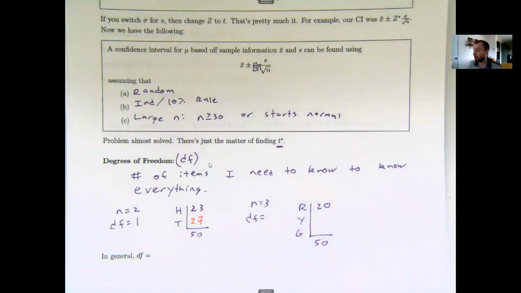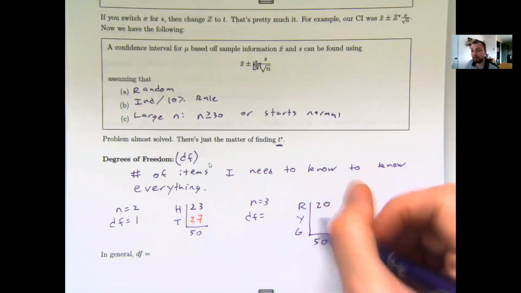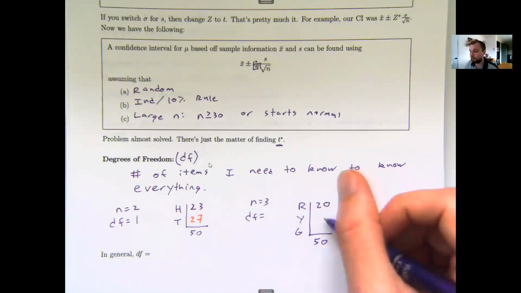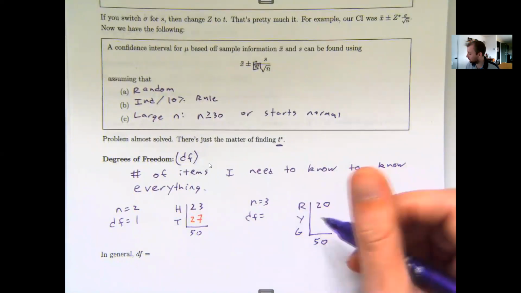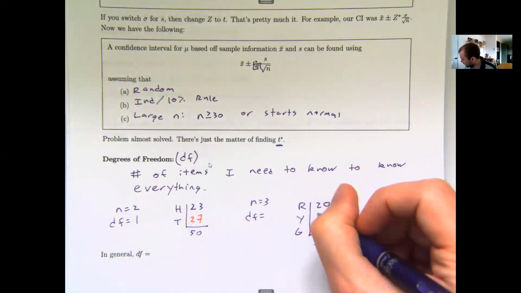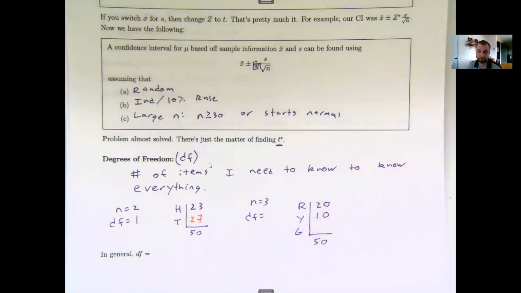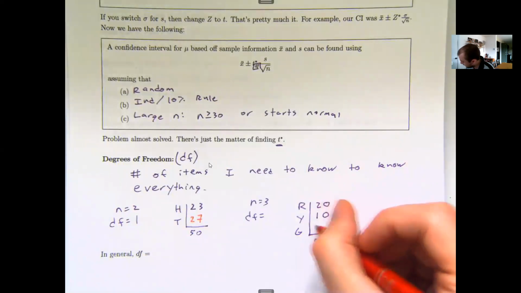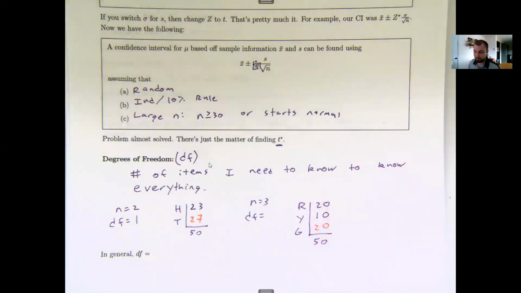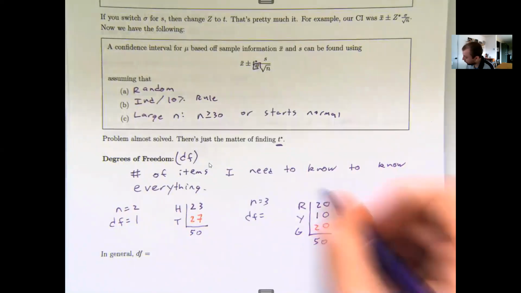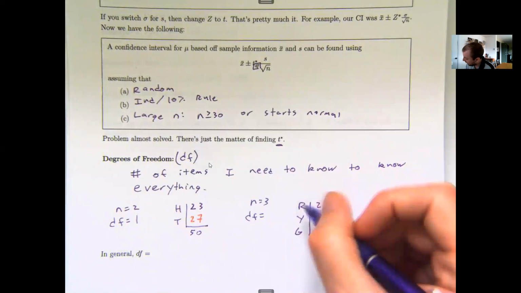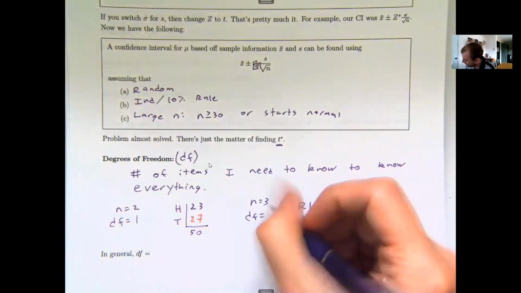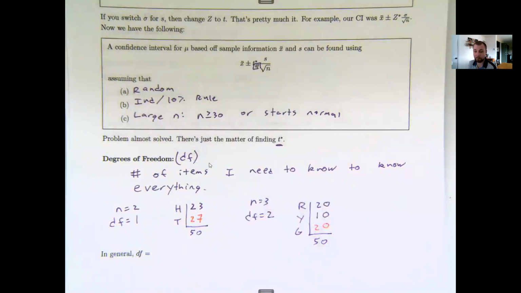I have 30 remaining things, but I don't know what the split is. Maybe it's 0-30, maybe it's 15-15. So I'm going to give you another number. Suppose this is 10. I'm up to 30 so far, 30 out of 50. This tells me my missing category must be 20. So in order to know all three categories, I had to start out with at least 2 of them.